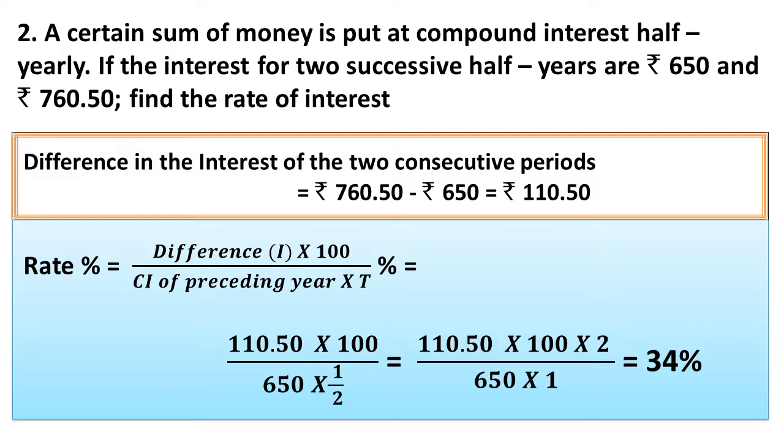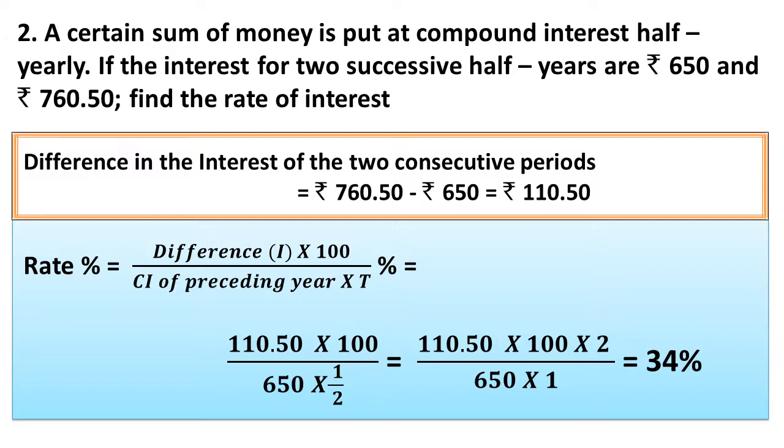Question number 1 and question number 2 are completely similar. The major difference is in question number 1, the compound interest was compounded yearly. Now in question number 2, the compound interest is compounded half yearly.